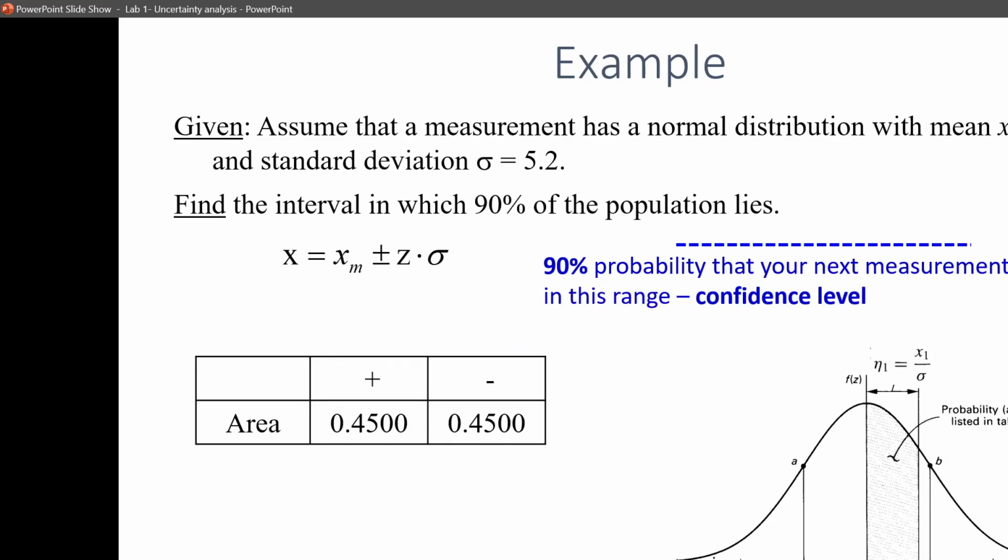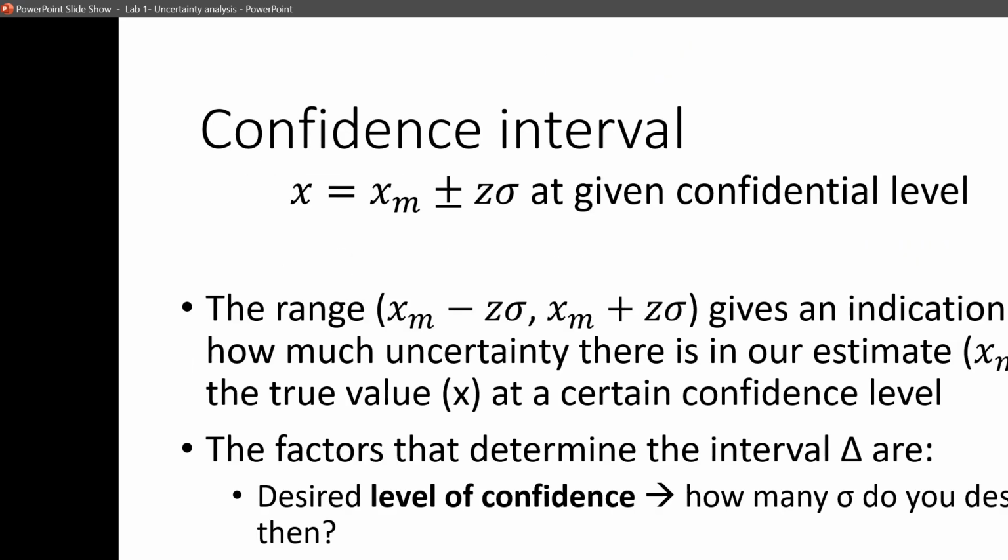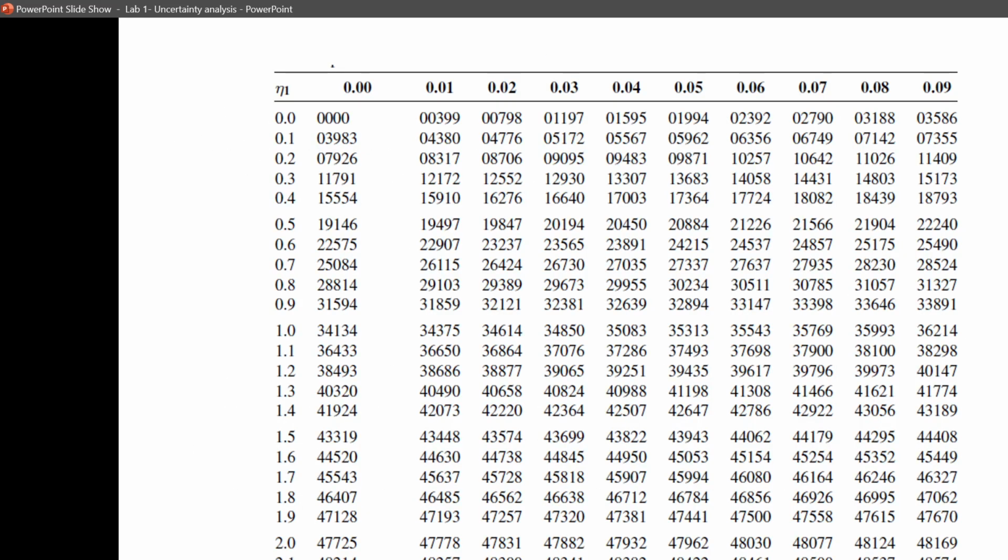Again, we can go back to this table and read that. So 95% confidence, 95 divided by 2 is 47.5 specifically. And this is the value we have here, 47.5%, 1.96.